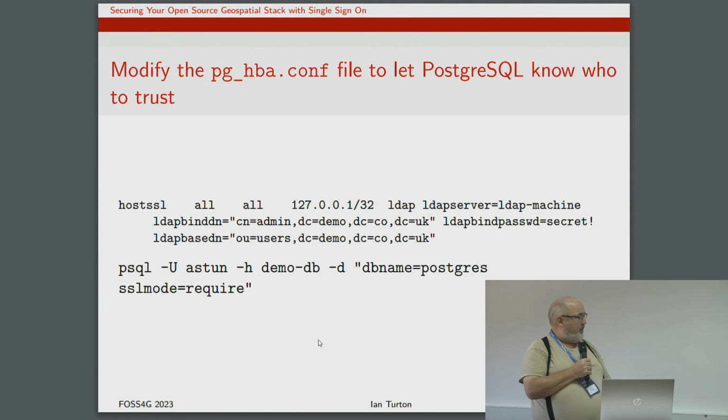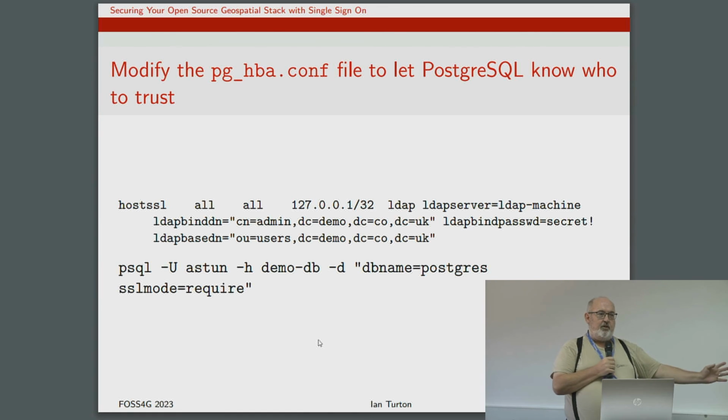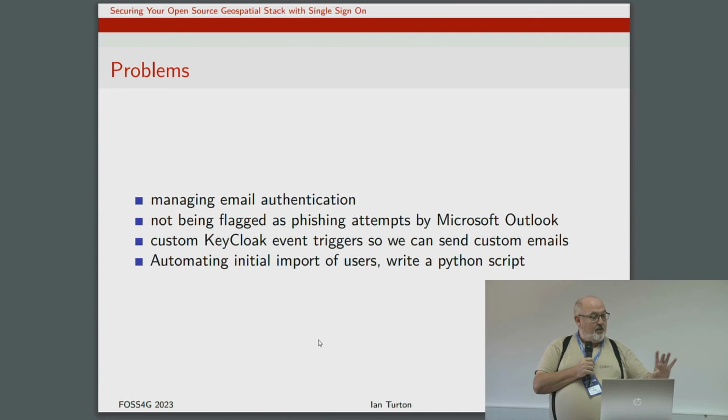The only other tricky bit on that was I had to remember to set SSL mode equals require because we turned on encryption on the PostGIS database. QGIS has a checkbox for that. PSQL, you have to remember to add it in as an extra.